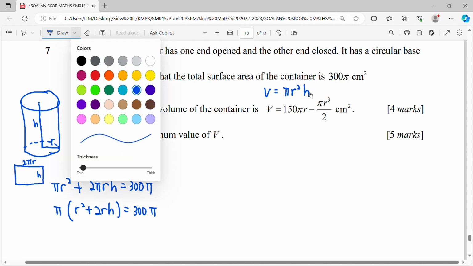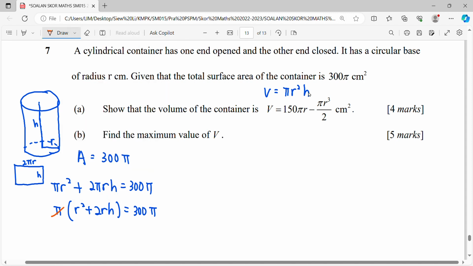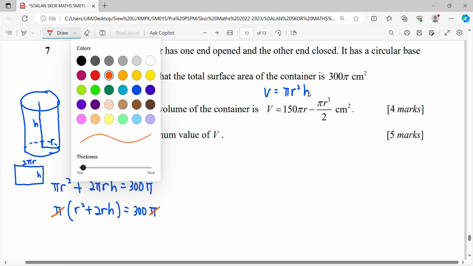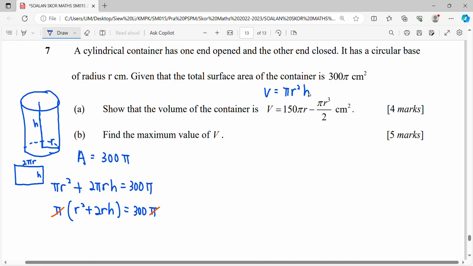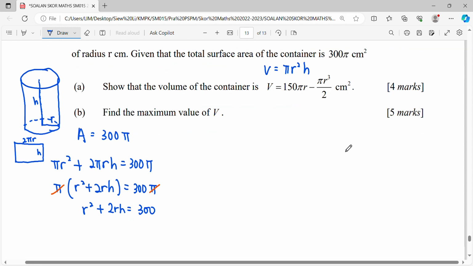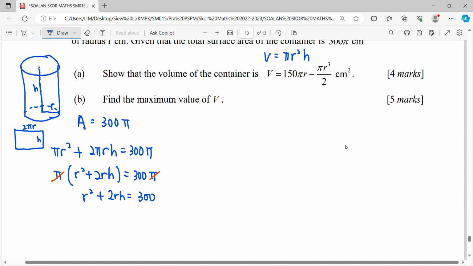So that we can simplify it. Then we have r square plus 2 r h equals to 300. So 2rh equals to 300 minus r square, h equals 300 minus r square divided by 2r.